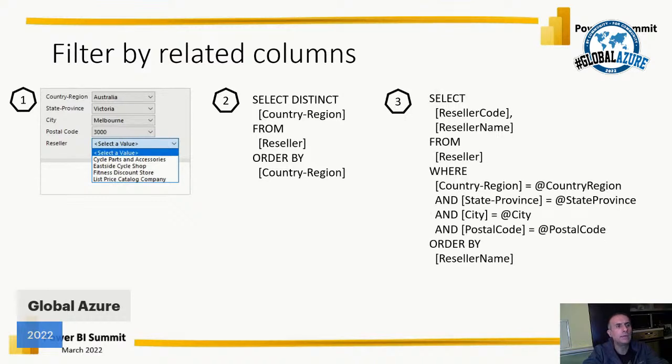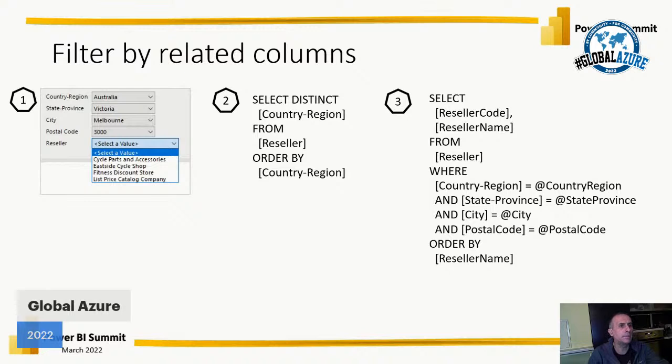And for each next parameter we need a separate dataset with a query which uses information from the previous one, and in the end we will have a query where we have several options.